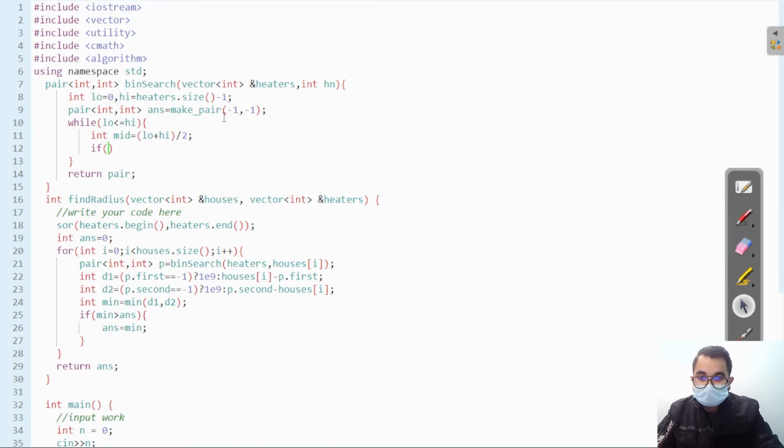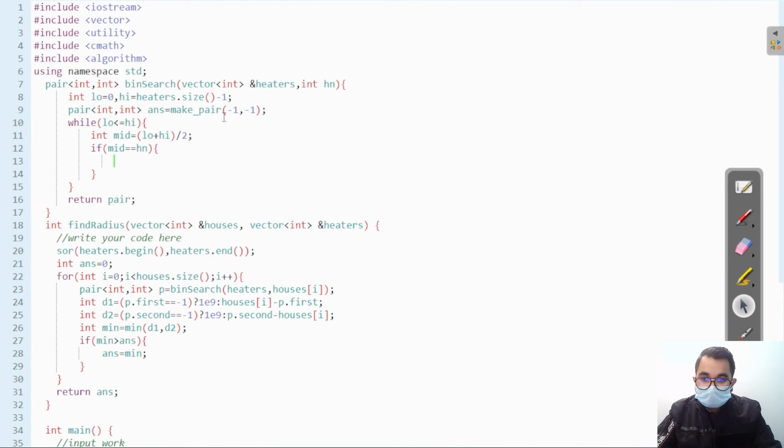And I need to check now if mid equals the house number. If this is true, then it means the answer dot first and answer dot second, meaning the left side floor and the seal, are the same because the heater is present inside the house. Okay, so the distance is going to be 0.